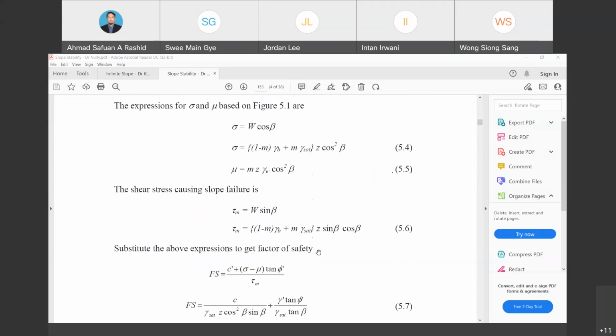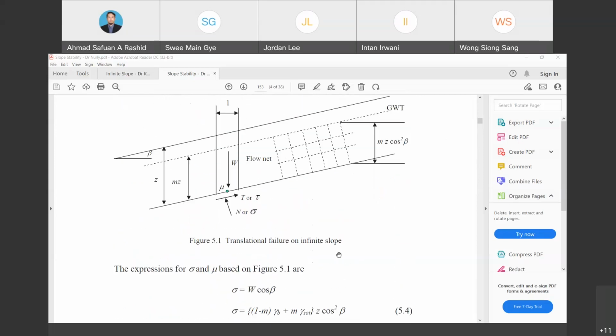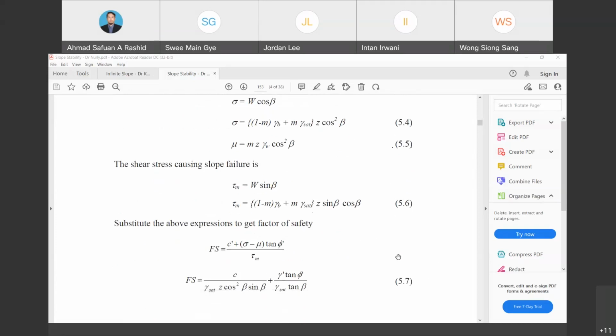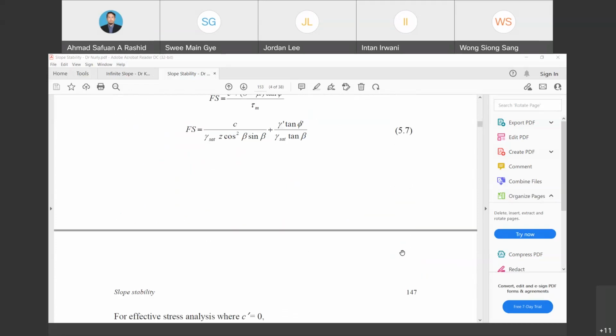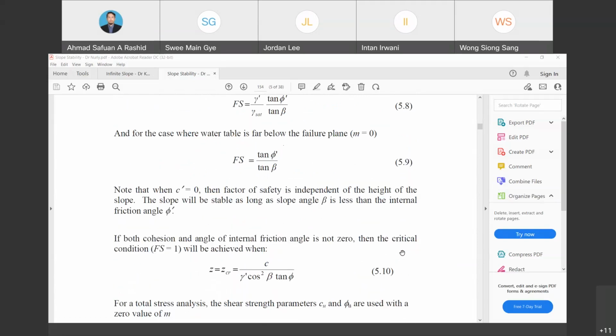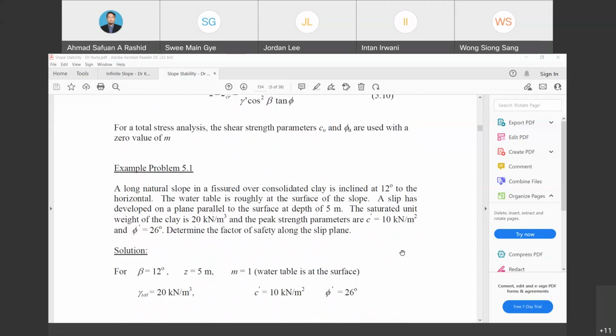So in that case, it is better for us to use 5.3, 5.4, 5.5, and 5.6, rather than 5.7. It is better to use what we call the raw equation, rather than the simplified one. So I will show you one example where we use this equation directly.